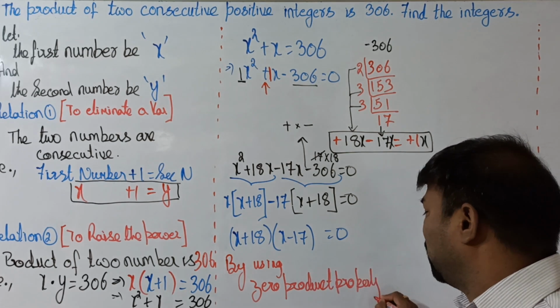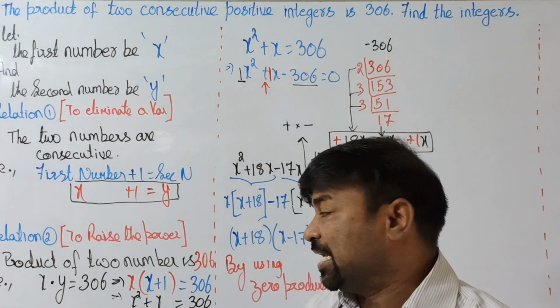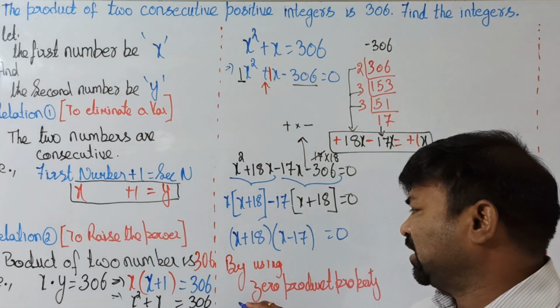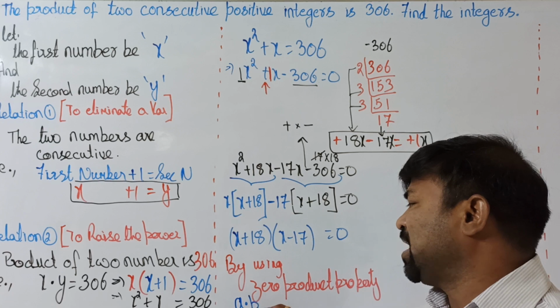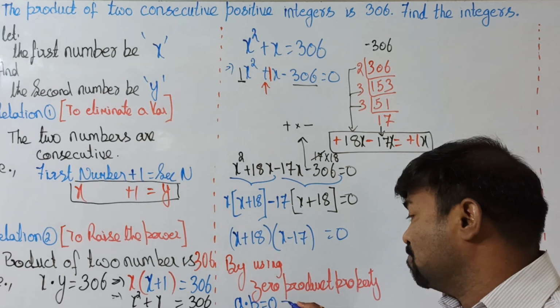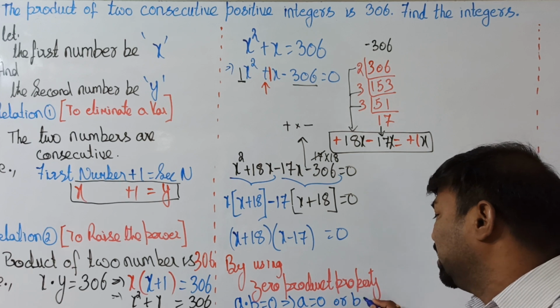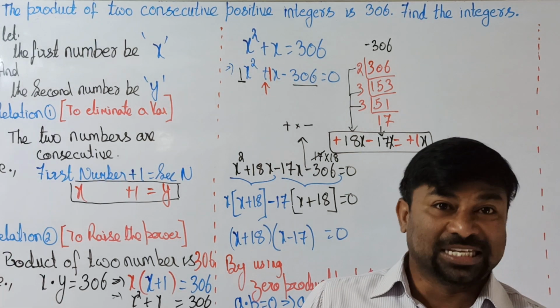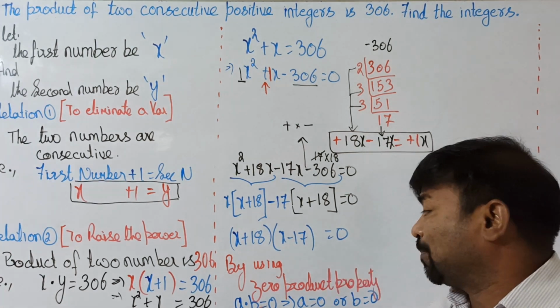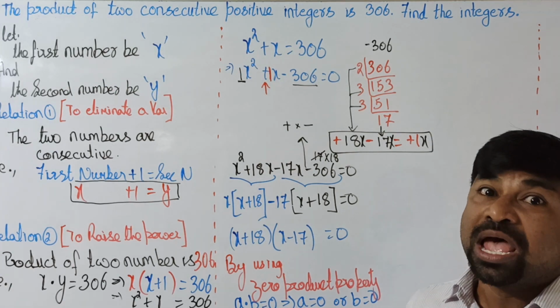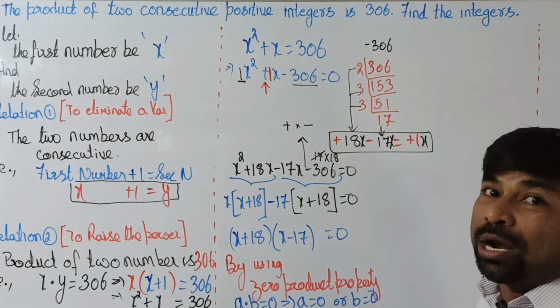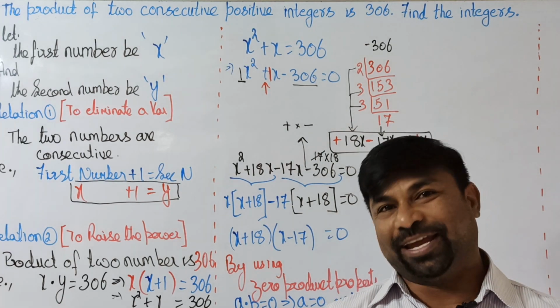If a into b equals 0, it implies a is equal to 0 or b is equal to 0. This is the zero product property. If the product of any two numbers is 0, either a is equal to 0 or b is equal to 0 or both are equal to 0.